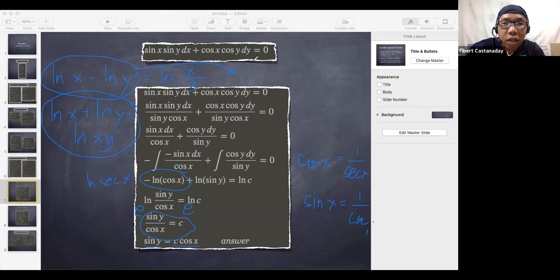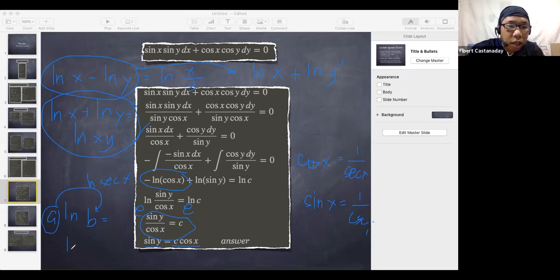So gusto mo maging positive yan, di ba? So ln of x, if ito lang yung naalala mo. For example, you make this positive. How do you do that? Plus ln of y raised to negative 1. Kasi the property ng logarithmic function, pag sinabi natin kung minus yan, a ln of b is equal to ln of b raised to a. The coefficient right here can become the exponent of the argument on the logarithmic function.